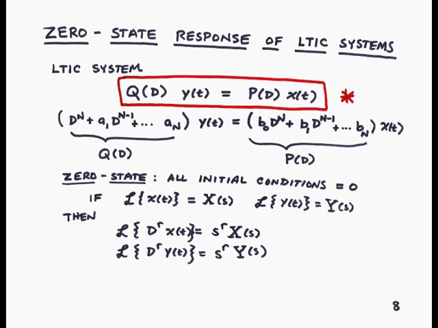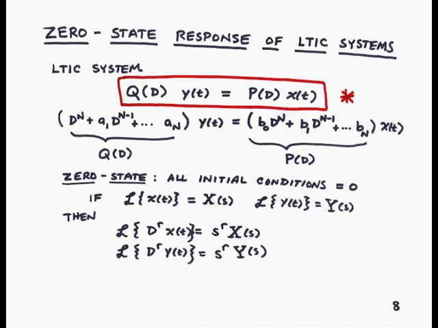Q(D) we'll write as a polynomial, D^n + a1 D^(n-1) through to an, and P(D) we'll write as b0 D^n + b1 D^(n-1) through to bn.